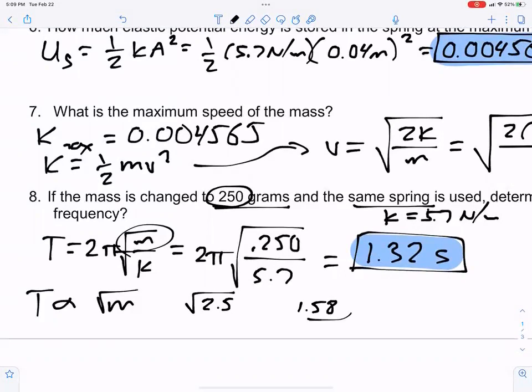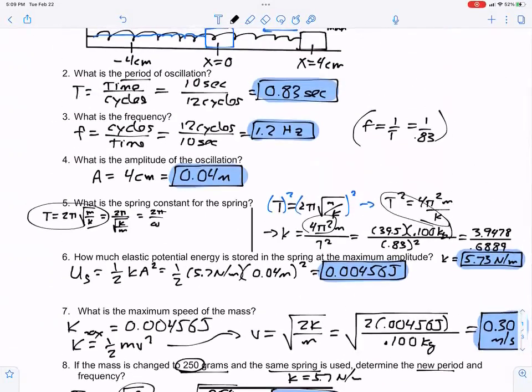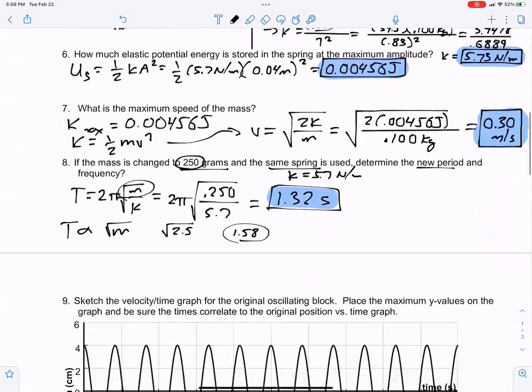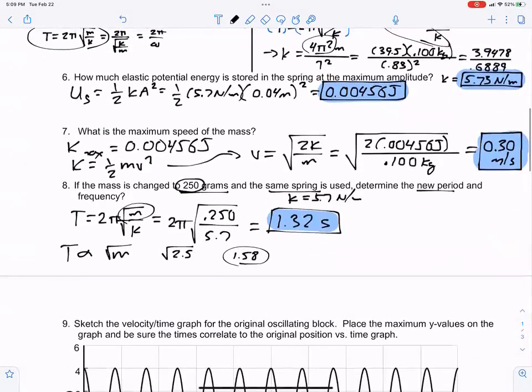So if we take 1.58 times the original period, which is 0.83, you get 1.32, right? It's another way of getting that value. So you could have done this using kind of a relative proportional reasoning analysis, or you could have actually plugged in numbers. Either way, you can get that.